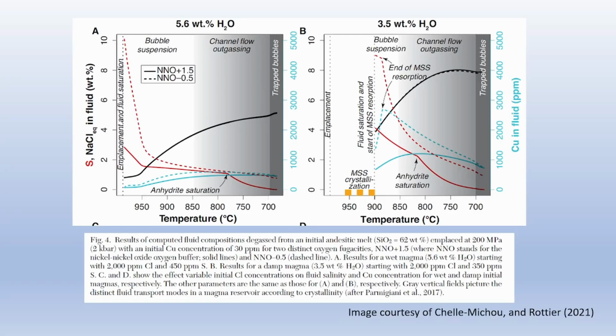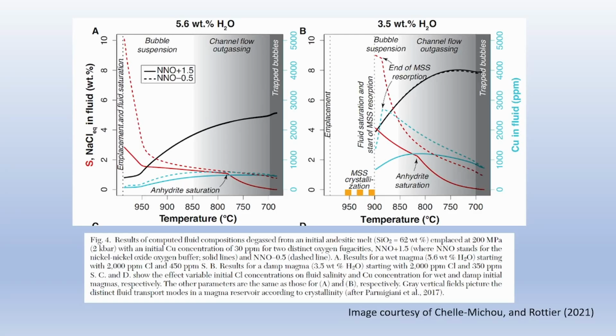Now focus on the red and dashed curves. These show sulfur solubility under different oxidation states. At higher oxygen fugacity, which is the solid line, NNO plus 1.5, sulfur prefers to stay in the melt or form sulfate minerals, so less sulfur goes into the fluid.